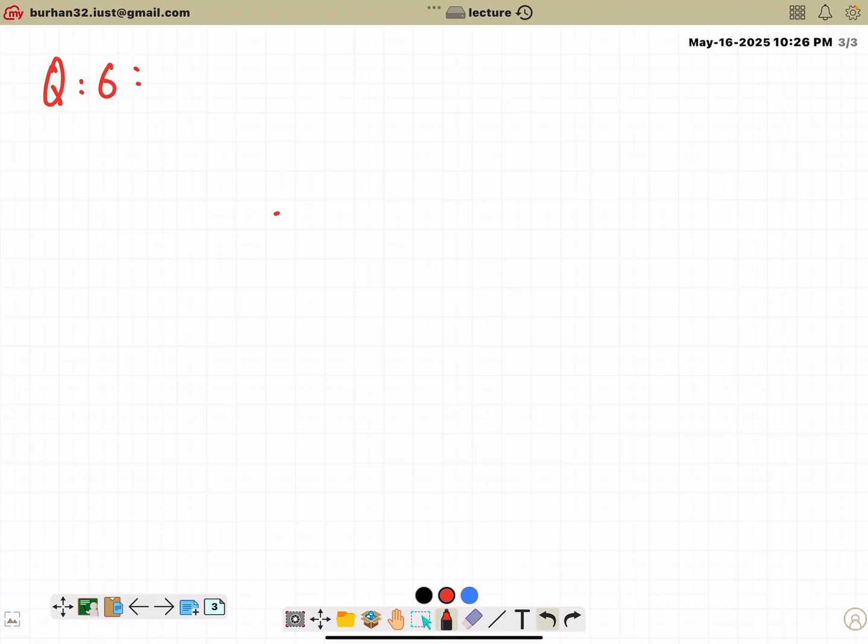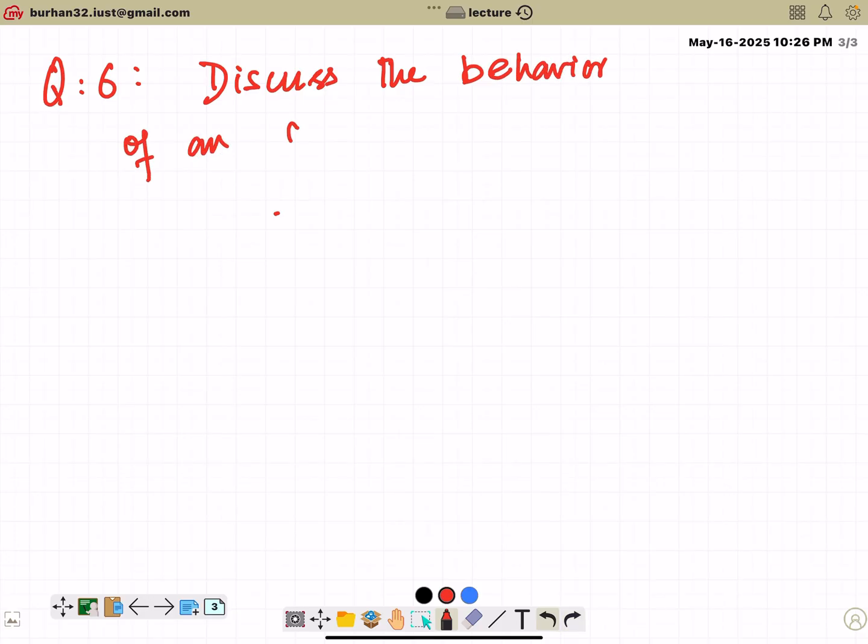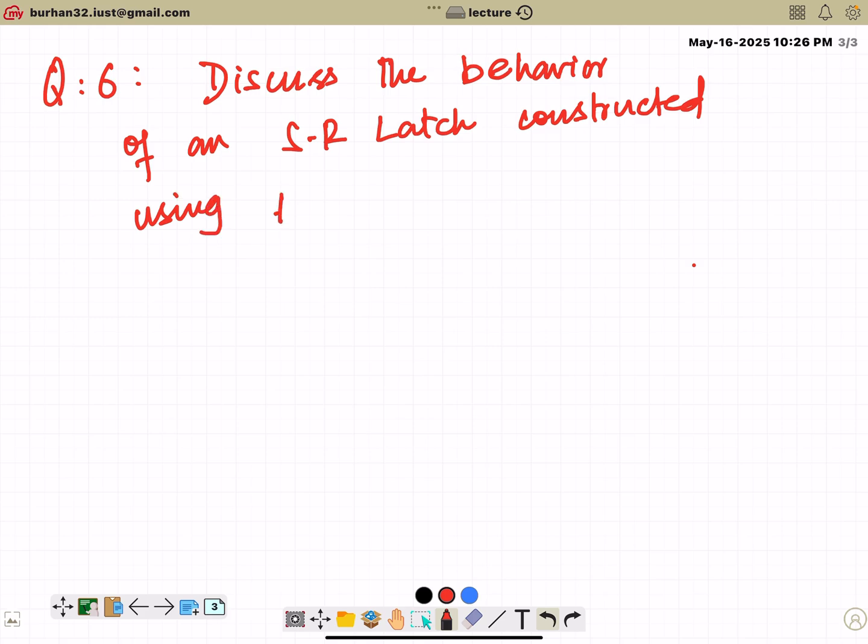Now, the sixth question will be: discuss the behavior of an SR latch constructed using NAND gates.